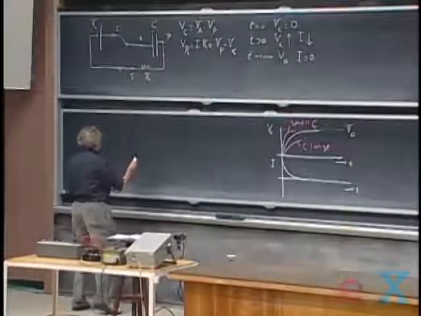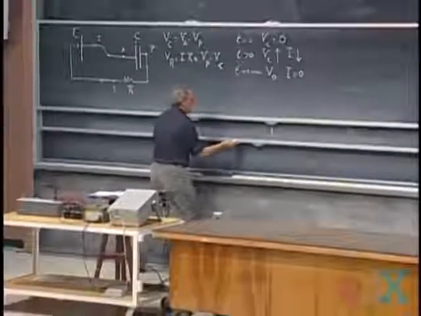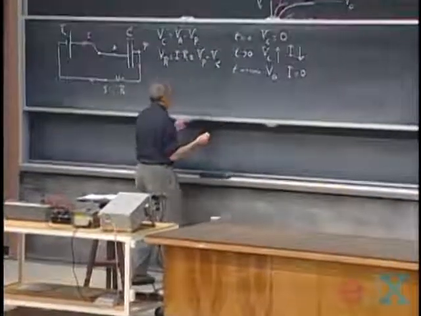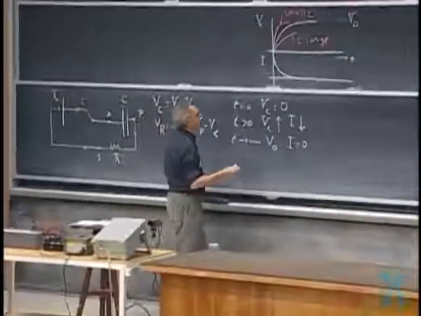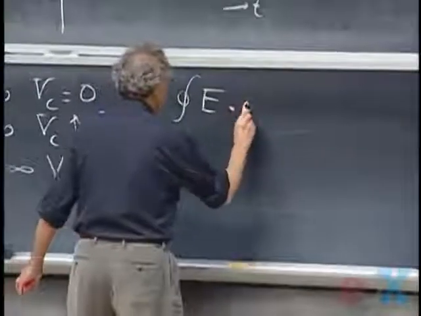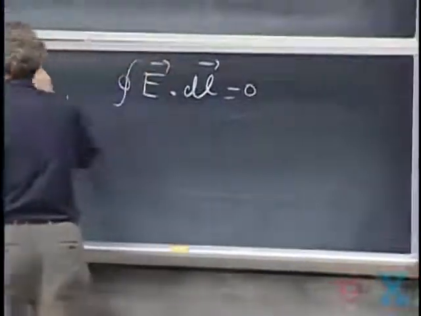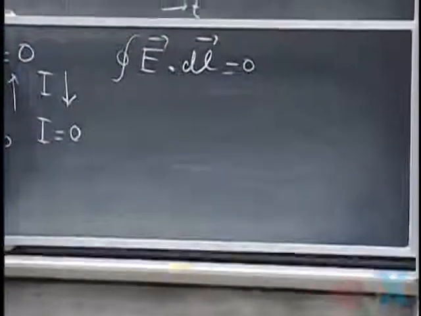The closed loop integral of E dot dl happens to be 0, which will make Mr. Kirchhoff very happy. The closed loop integral of E dot dl in this circuit is 0. Mr. Faraday is happy and Mr. Kirchhoff is happy.